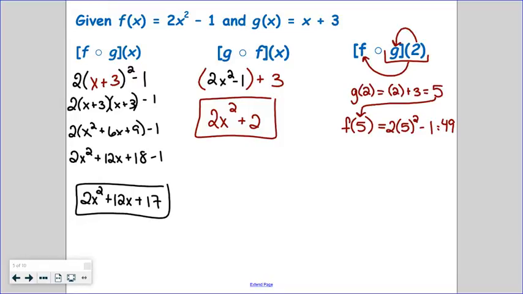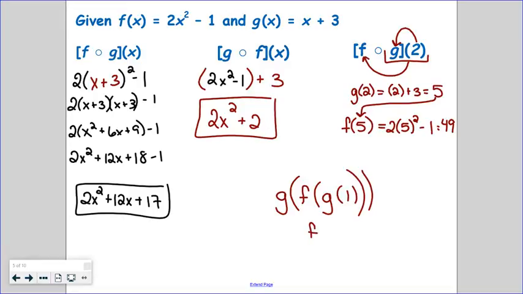Look at how something like this could look. G of F of G of 1. Okay, they can do something crazy like that, and that is a composition of a composition, where you would plug G into F and then plug that into G, which would be crazy. Now, we would never do that with X's, but they might do it with numbers, and that's where I just start at the inside. Okay, so I would do G of 1. G of 1 would be 4.